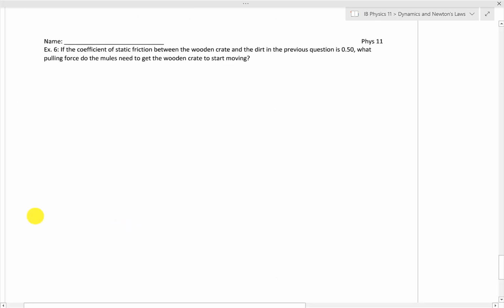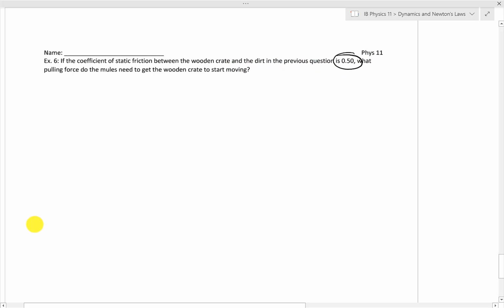Okay, first off, here's the question. If the coefficient of static friction between the wooden crate and the dirt in the previous question is 0.5, so that's mu s, static friction, what pulling force do the mules need to get the wooden crate to start moving? So you need an FA, but this time you want to get the crate to start moving, assuming the crate is not moving to begin with.